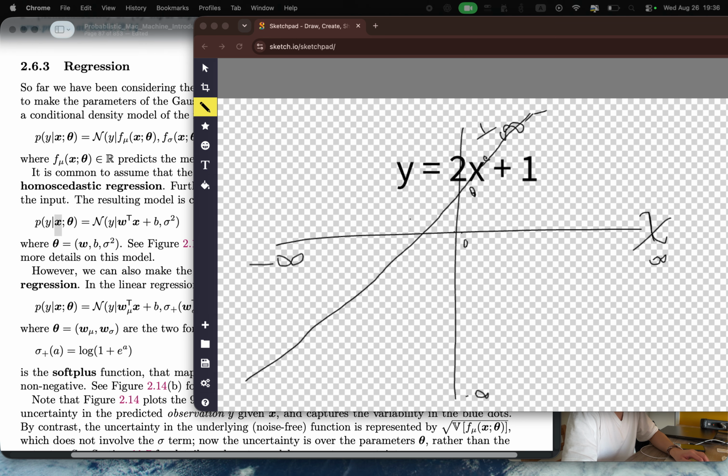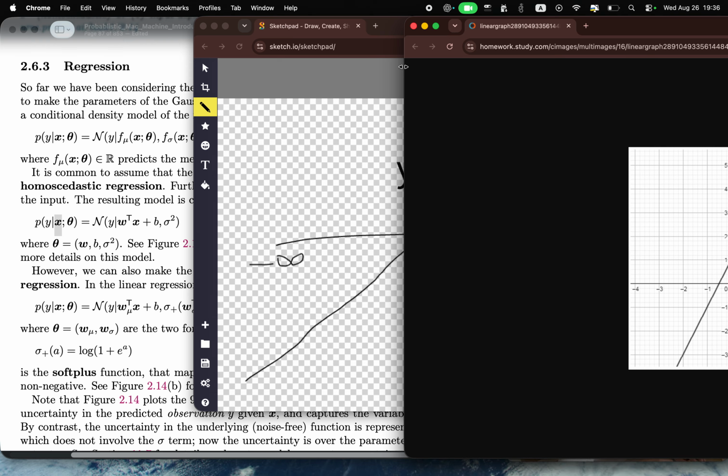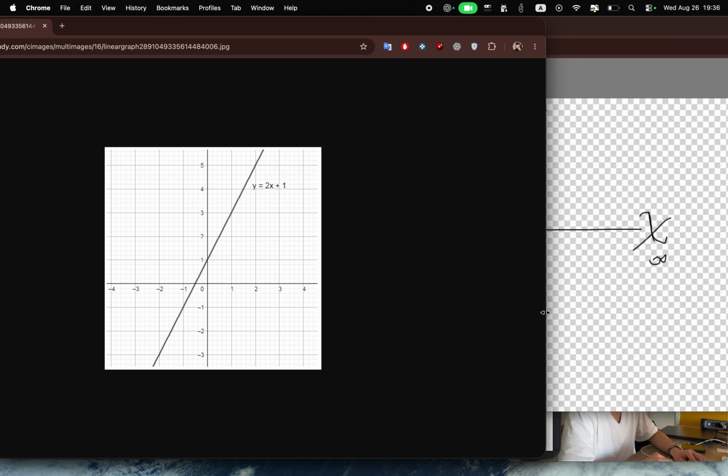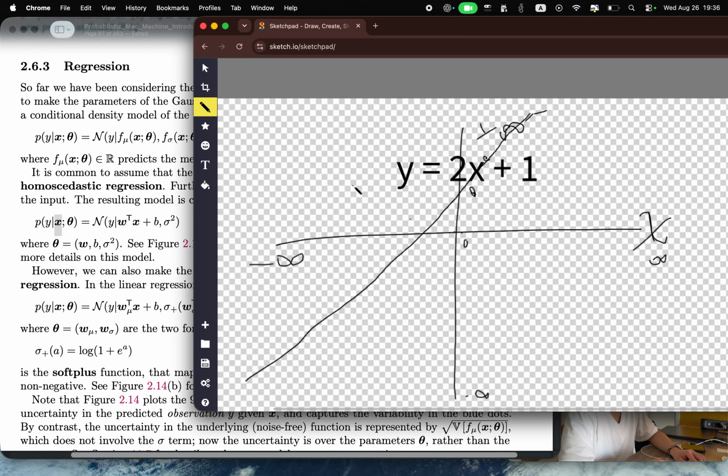I can show you also the official graph and compare if it's correct. Yes, it looks like it. If you find an image on Google, y equals ax plus b, in this case 2x plus 1, is this distribution. If I compare them side by side, it is exactly the similar function.